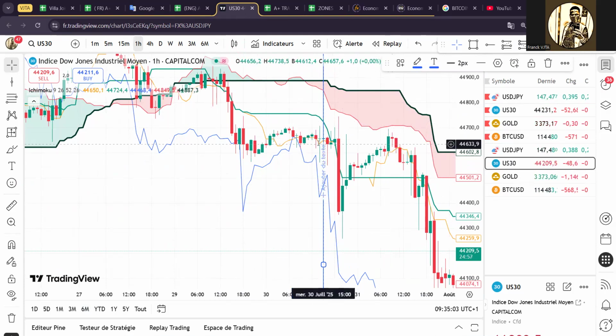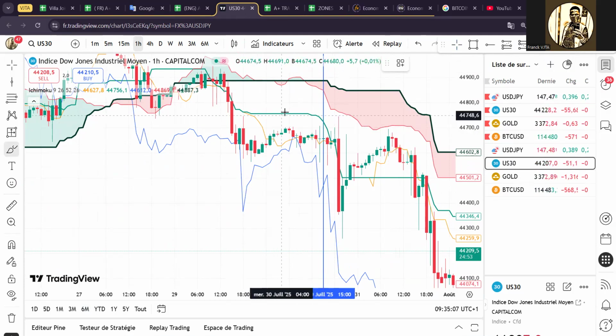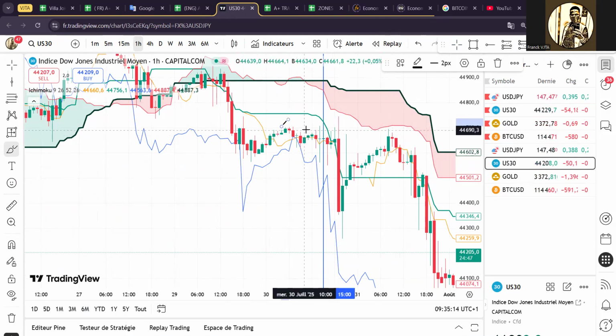How many touches? This is 1, 2. We have 2 touches and a cloud that is fat, but not that fat. So do you buy or do you sell?